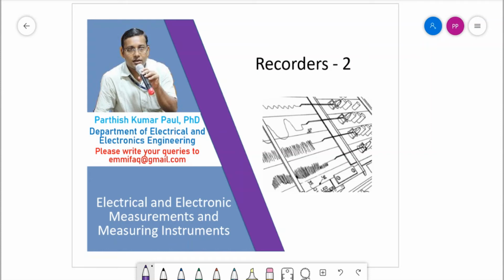Welcome friends. Today's topic is tape recorders, and this is another example of analog recording systems that we are going to learn today.